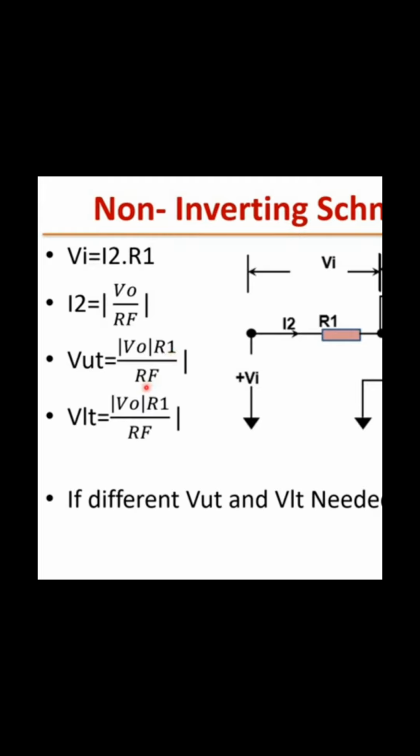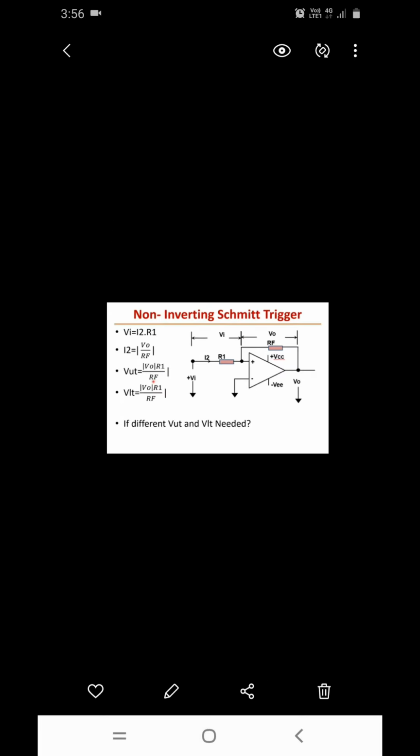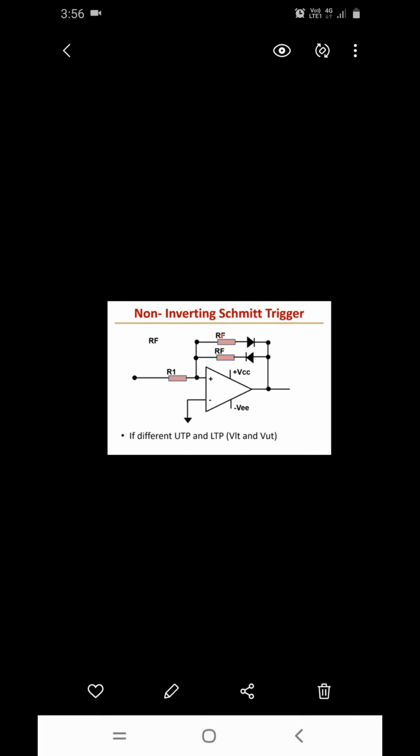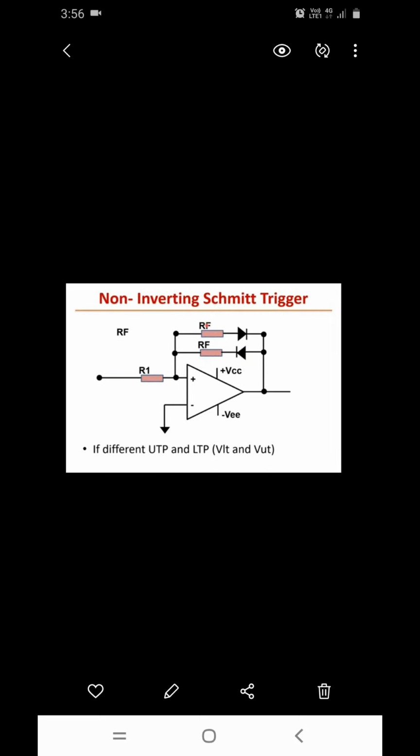So if we need different VUT and VLT, then instead of both RF, we use R2 and R3. Okay, so this is all about comparators, zero crossing detectors and Schmitt trigger.